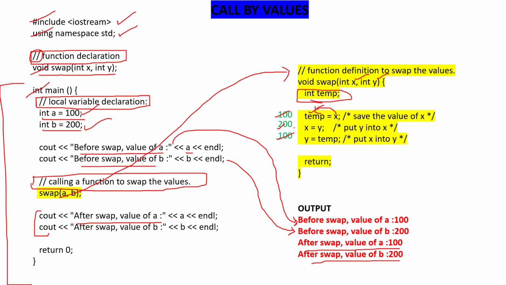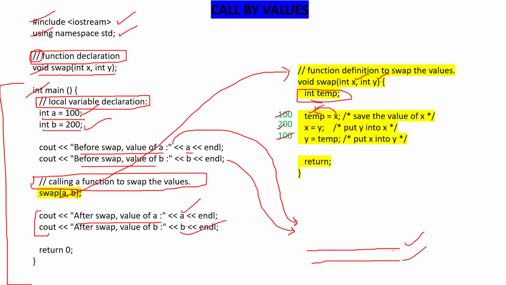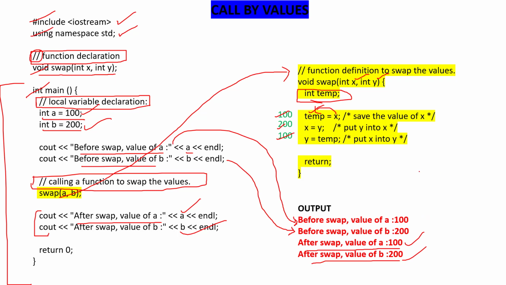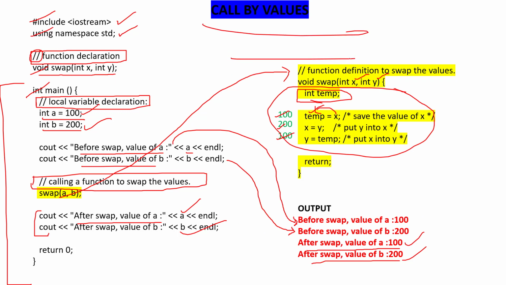Even in this program, there is swapping or changing happening, but directly the A value is printed. A is 100 and B is 200. So I think now it's clear for you. This means that whatever changes are done inside the user defined function won't be seen in the main function in the case of call by value.